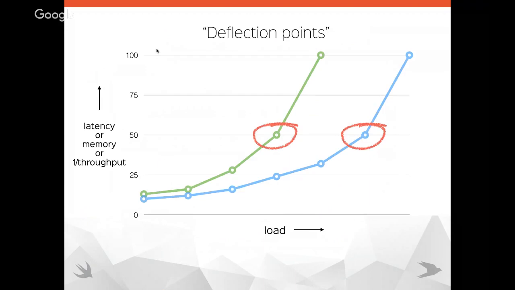Deflection points. What I've circled here are example graphs, meant to illustrate my point. Once you get to the point where your rate of change starts to significantly increase, there are algorithms that tell you exactly what to do.